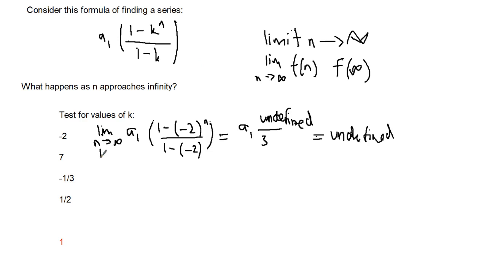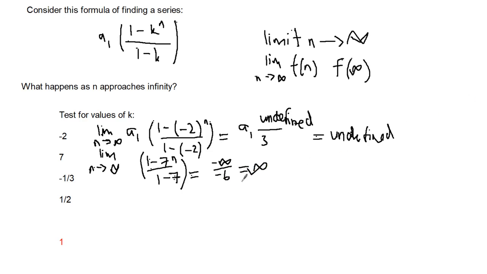Let's say the limit as n approaches infinity of a sub n, where the multiplier is 7, so we have 7 to the n minus 1. That's just 1 multiplied by 1 minus 7 to the n over 1 minus 7. As n approaches infinity, at the top we have negative infinity over negative 6, which is just infinity.